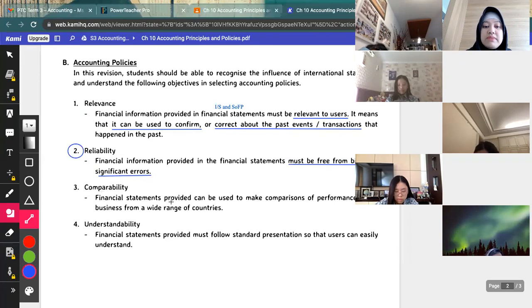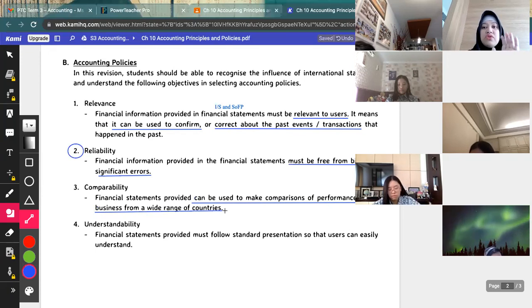Your financial statements must be able to be compared, so that we can make comparisons of business performance across a wide range of countries. If you use a method, you have to be consistent in using it from year to year, so that you can compare the performance of the business from year to year, or even compare your business with other businesses in the same year.